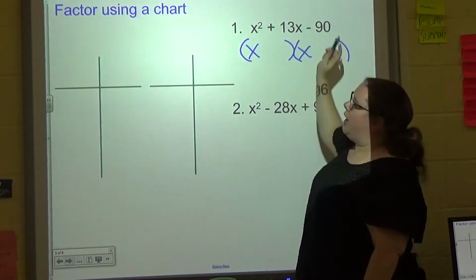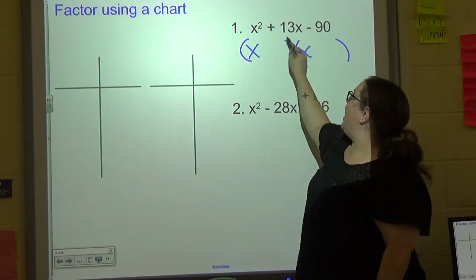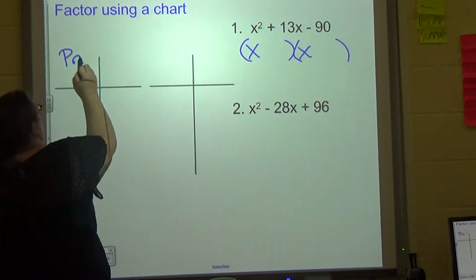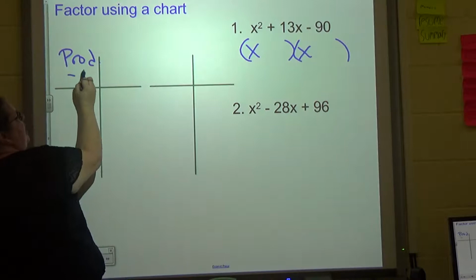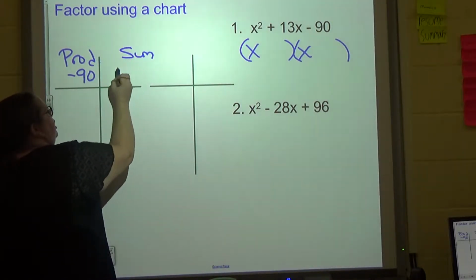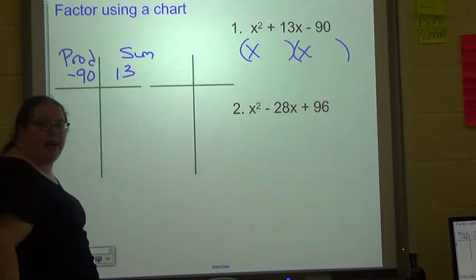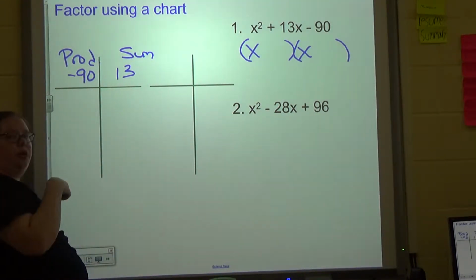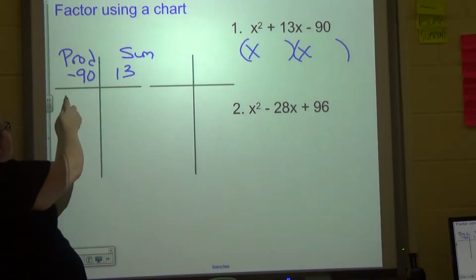That will multiply to negative 90 and add to 13. So our product is negative 90, and our sum is 13. And I'm going to tell you right now, I did this so long ago, I have no idea what the answer is. So let's go through, start with 1, work our way up.